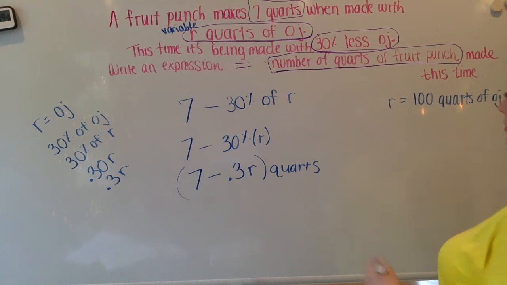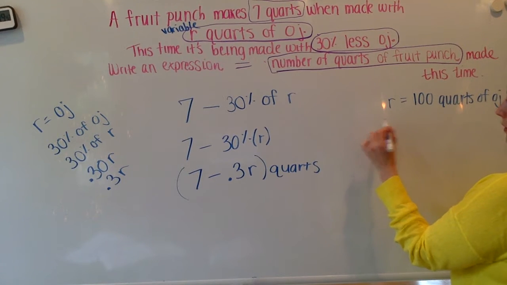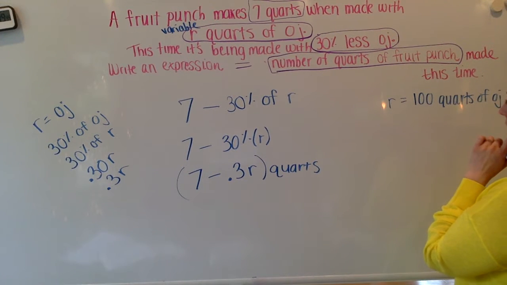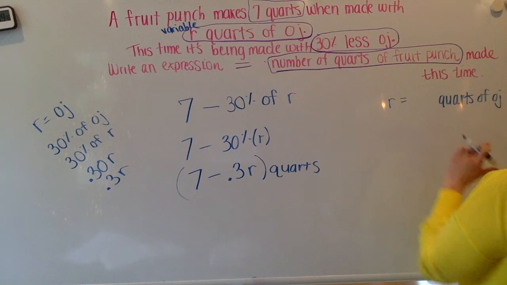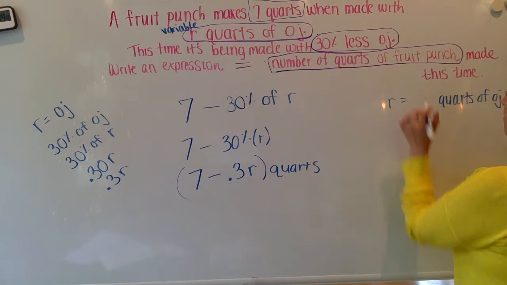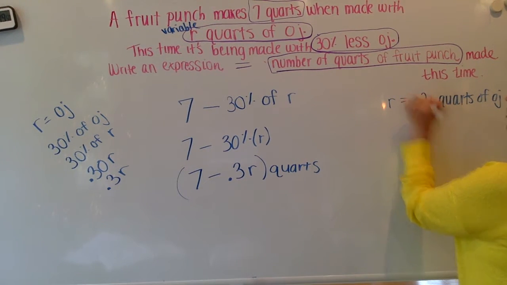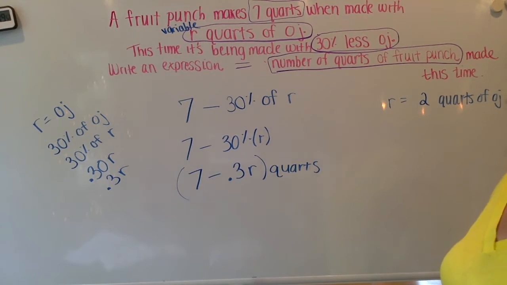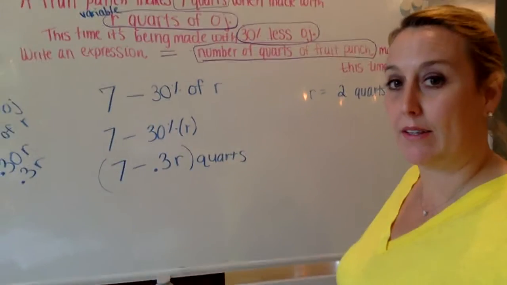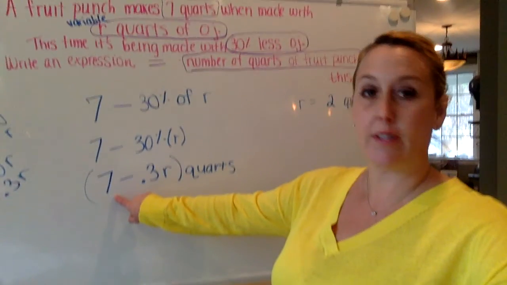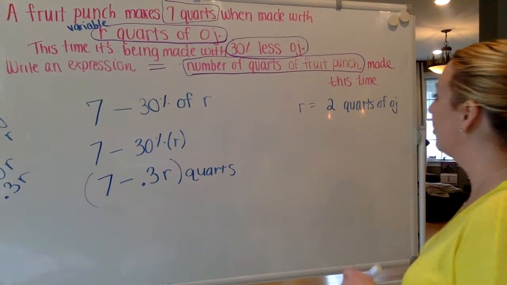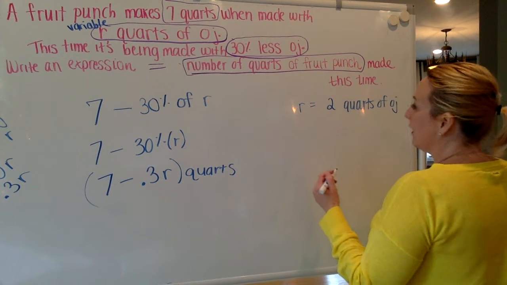All right, let's plug this in. Well, actually, that's probably not good because we start with 7. Let's reshoot that. Let's say that it is 2 quarts of OJ. I just wanted to stop that because we would have gotten in the negatives if I started with 100, right? So 2 quarts of OJ.